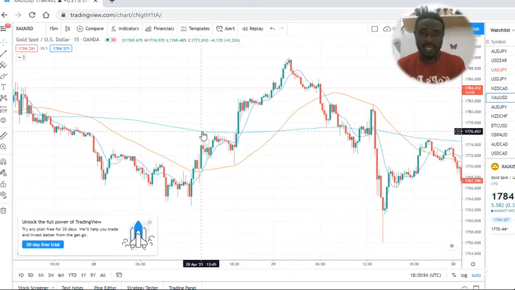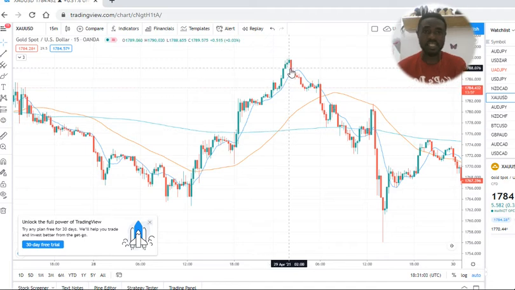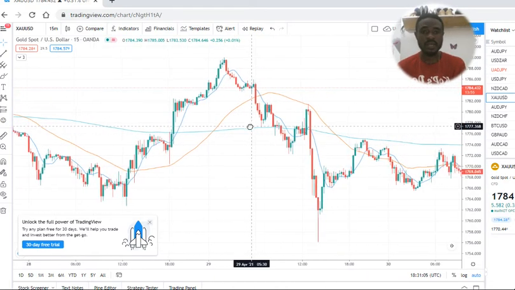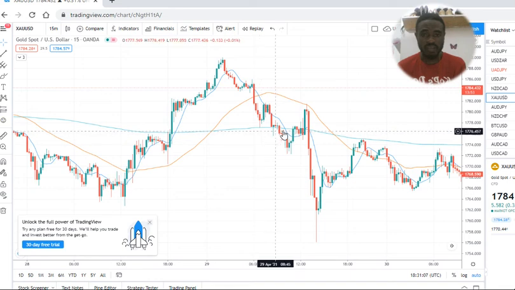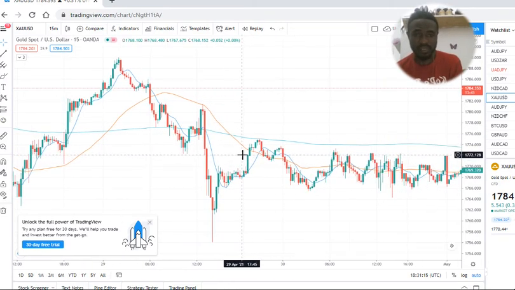And look at it here. It has gone down. It has cut the moving average 10 and has also cut across moving average 50, and the market is pushed up. Look at it here. When it is approaching this moving average, many traders are aware. So that's why it has cut across moving average 10 here and has still cut across, and the market is dumping down.